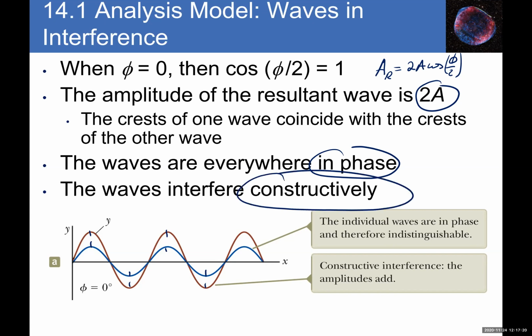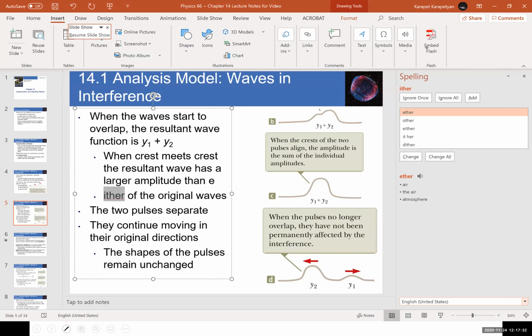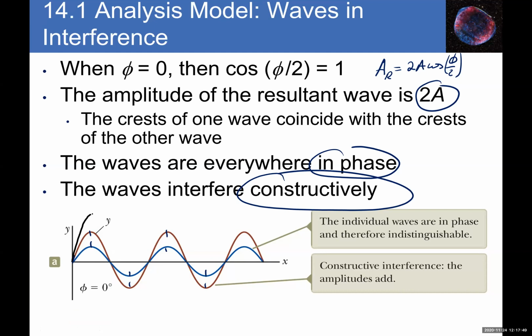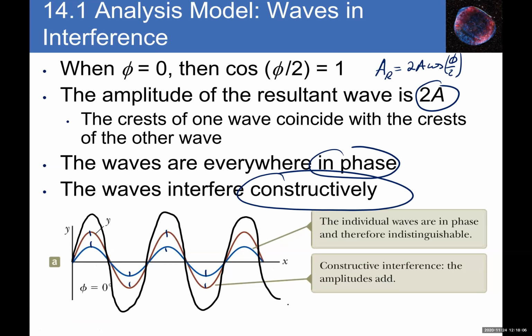That means if I draw, let's say in black, the resultant wave, that is the algebraic sum of those, they're going to interfere constructively.